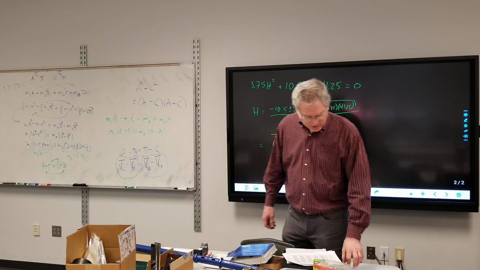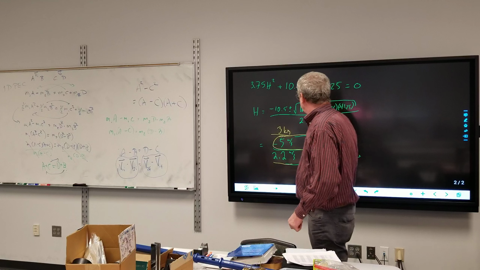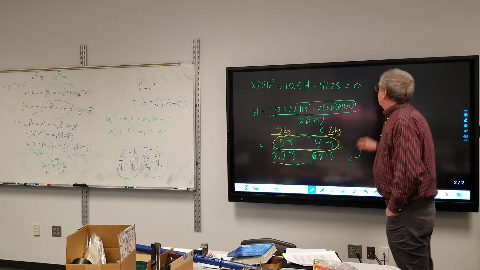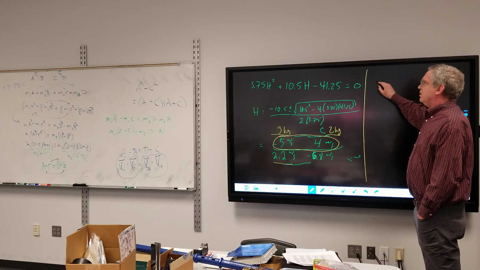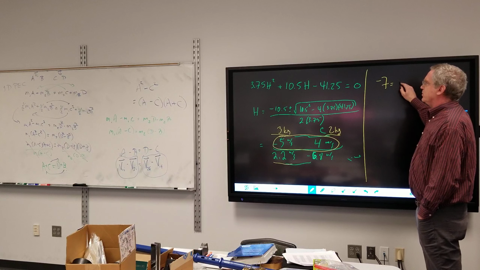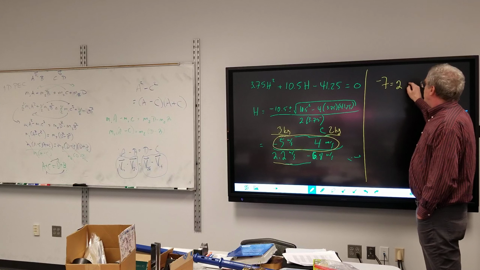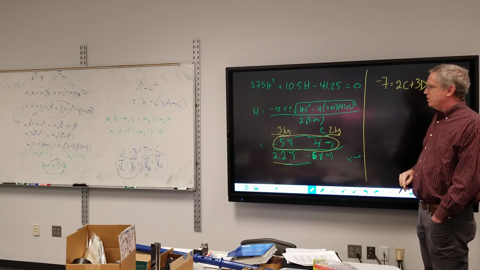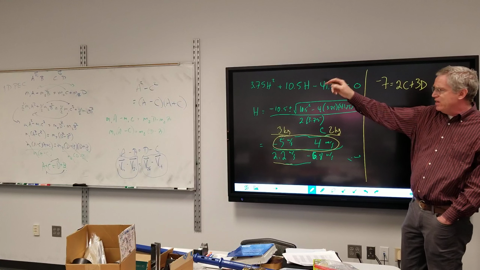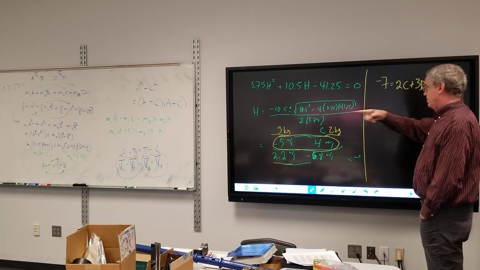In the problem that we just did, we had negative 7 is equal to 2c plus 3d. That was the momentum equation. We don't have to use the kinetic energy equation; we can use this instead.